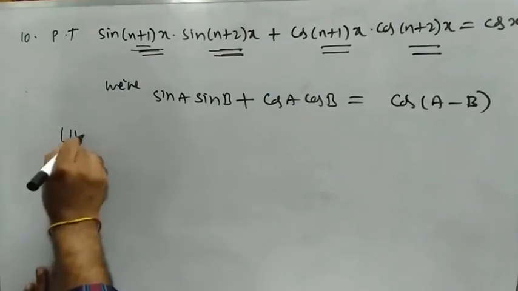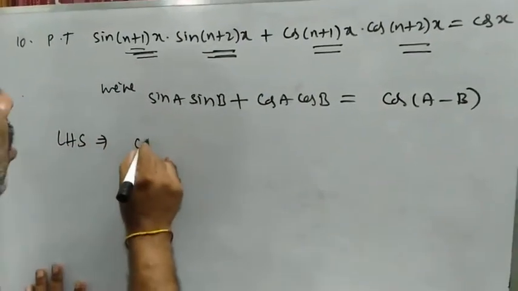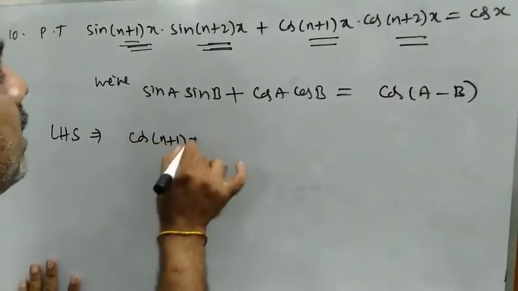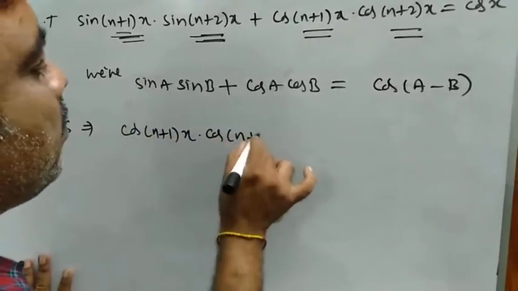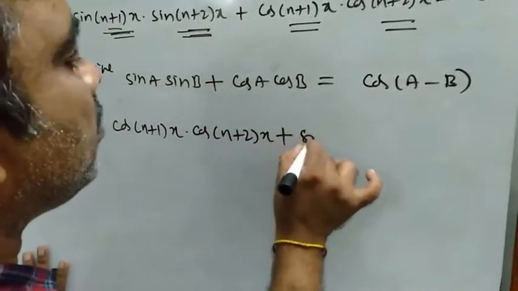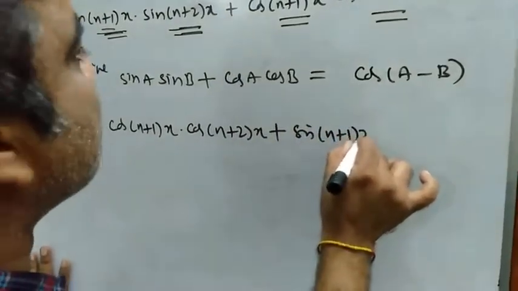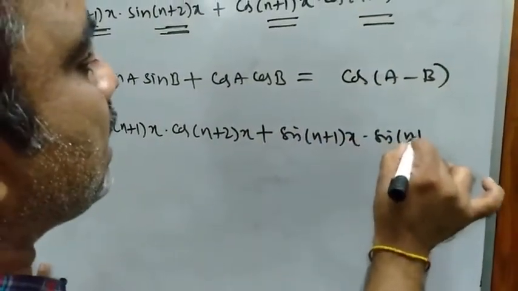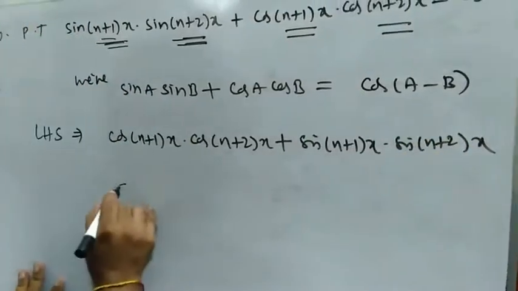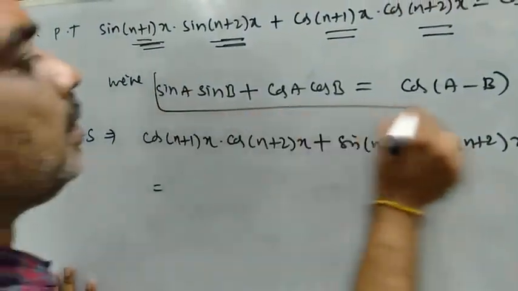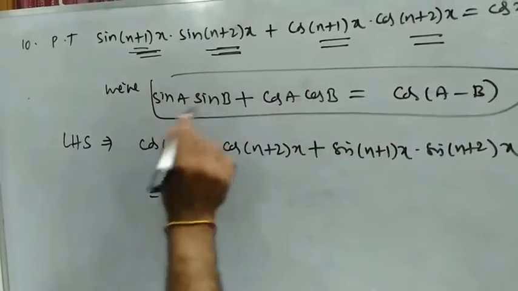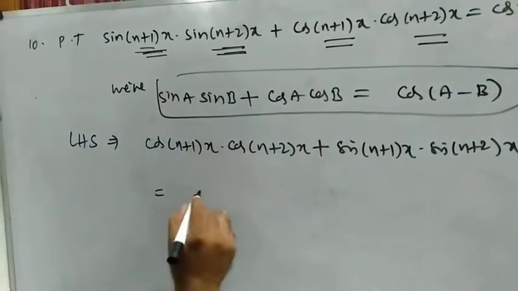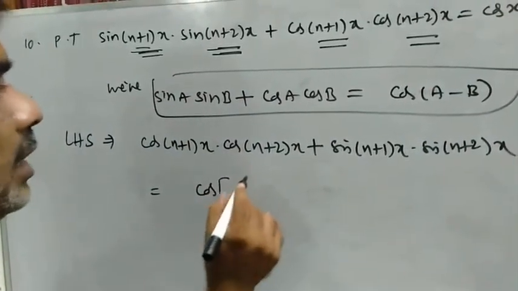Now I am considering the LHS. It is cos(n+1)x cos(n+2)x plus sin(n+1)x sin(n+2)x. So it is cos A cos B plus sin A sin B, and this I can write as cos(A − B).